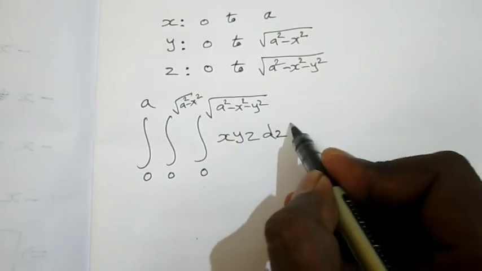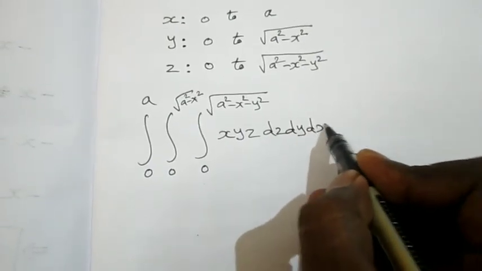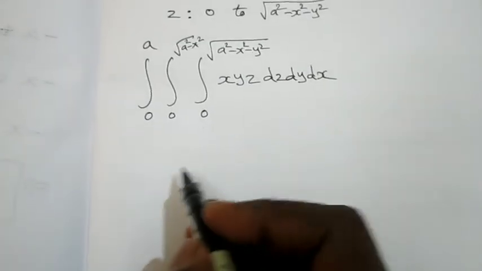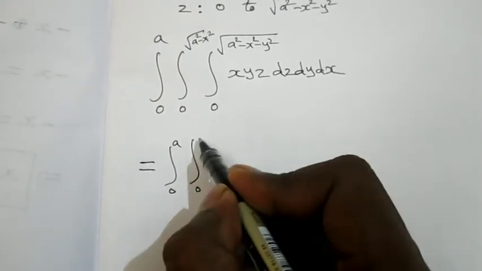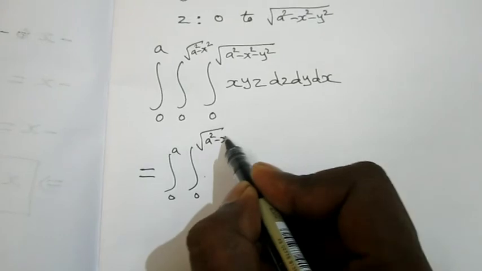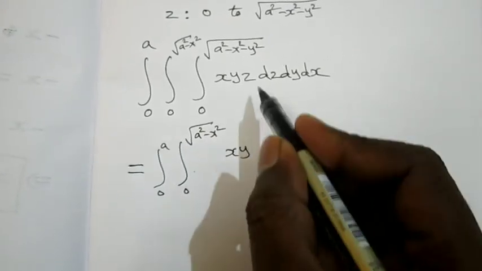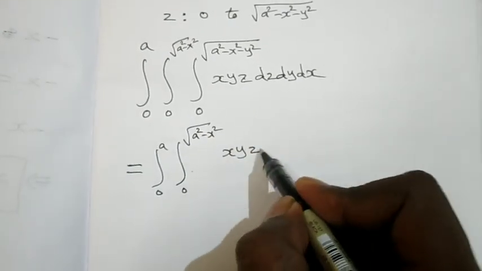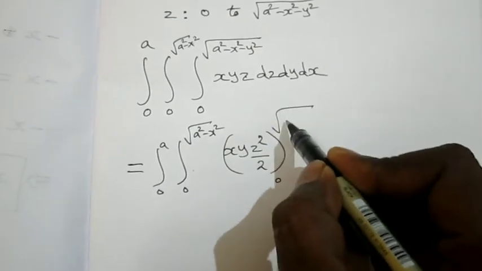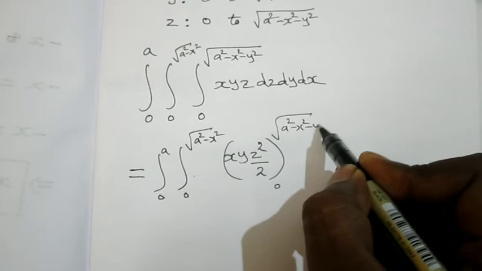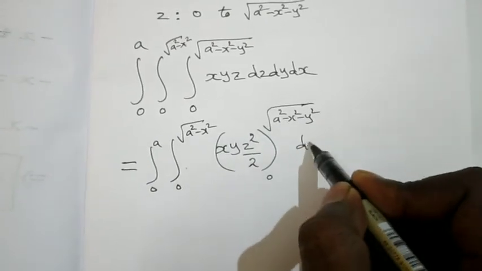The integral of z is z²/2, with limits 0 to root of a² minus x² minus y², remaining dy dx.